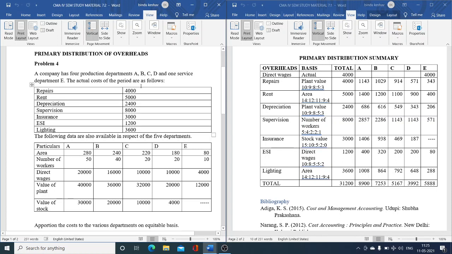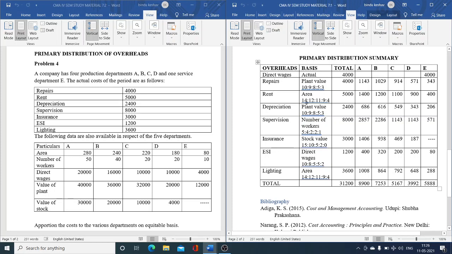The next item is repairs, 4,000. Repairs is based on the value of plant. So plant value, the ratio we have to find out. So it is 40, 36, 32, 20 and 12, which will be further simplified as 10:9:8:5:3. The next item is rent. Rent is 5,000. It is based on area. So area we can see here 280, 240, 220, 180 and 80.